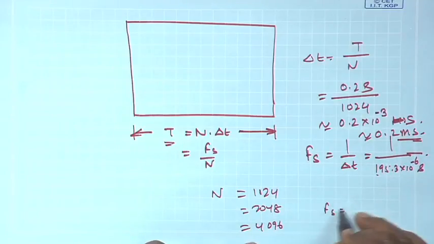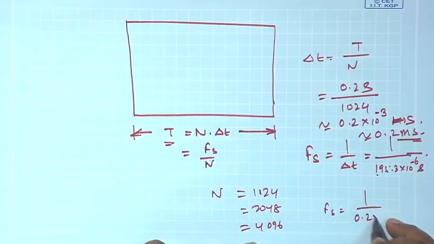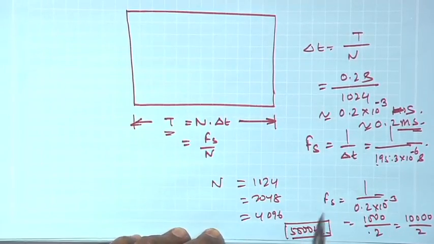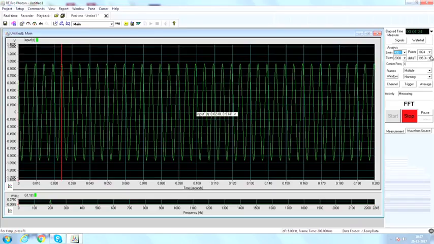If delta t is 0.2 milliseconds, Fs is 1000 by 0.2, close to 5000 hertz. So, I am sampling at 5000 hertz, which I am not changing.